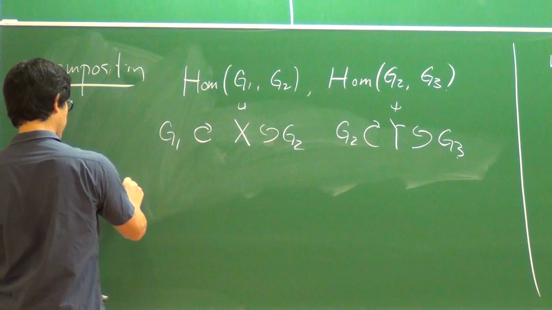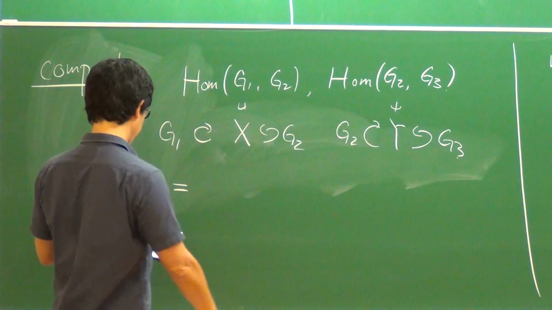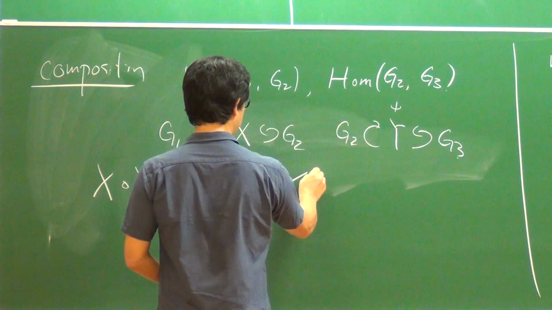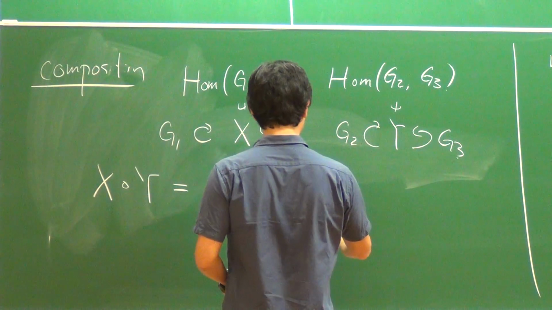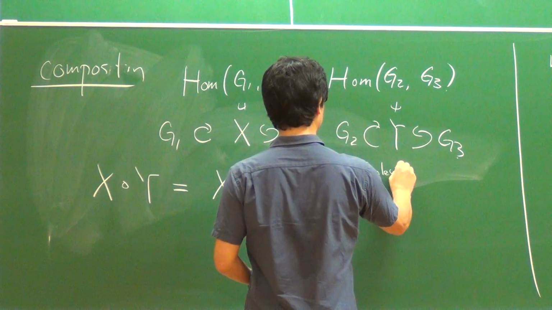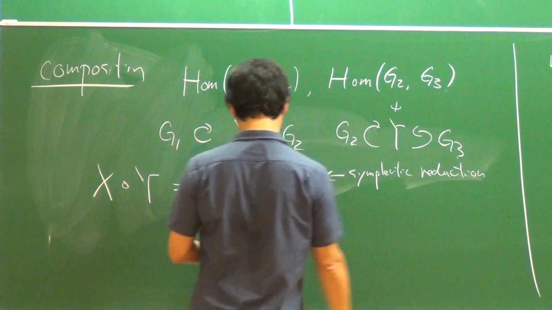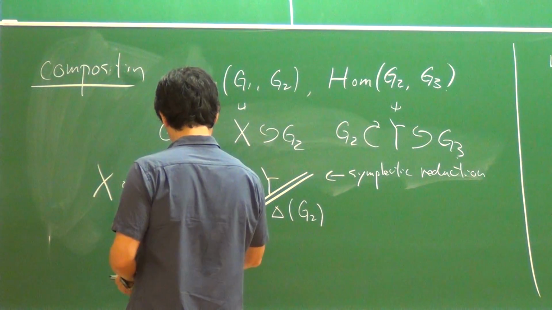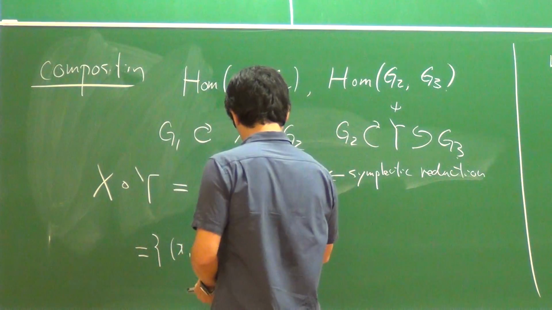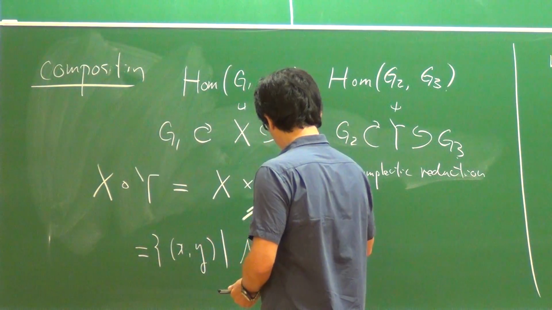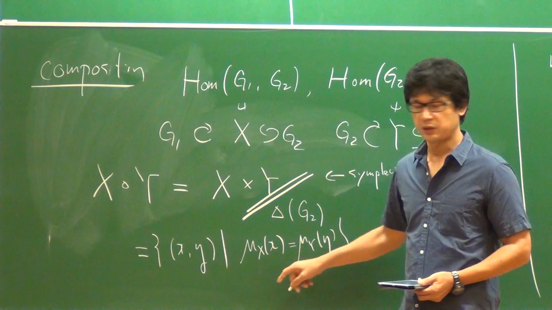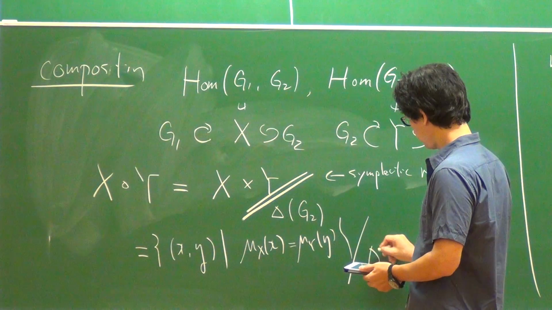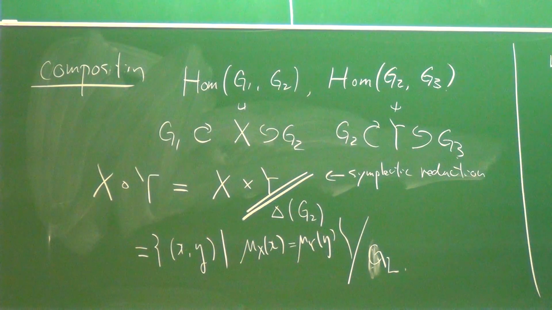So the composition of X and Y is given by the symplectic reduction of X times Y with respect to the diagonal action of G. More precisely, this is the set of (x, y) such that mu_X(x) equals mu_Y(y), where these are the moment maps of X and Y respectively, and you quotient out by the diagonal action of G. Because it's a symplectic reduction, you get a symplectic variety.